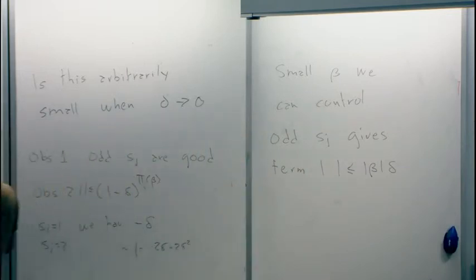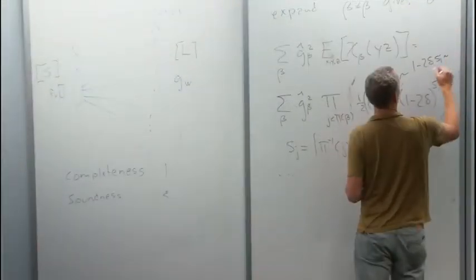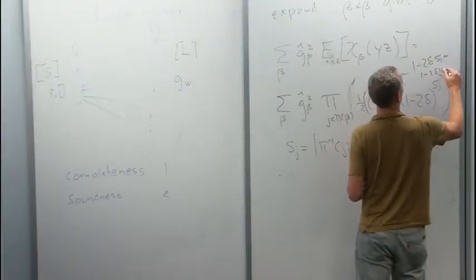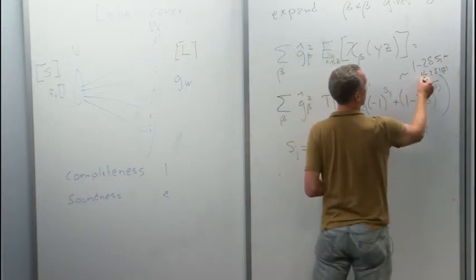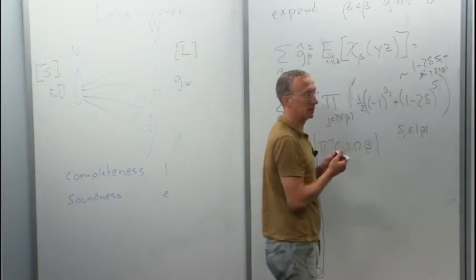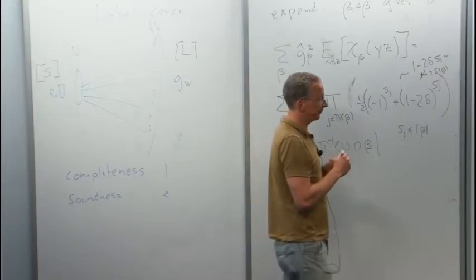Because Sj is smaller than beta, right? Which means that this number is roughly 1 minus 2 delta Sj, which is roughly 1 minus 2 delta size beta. Okay, and then you cancel the -1 from here, and this goes away, and then you have the delta beta.